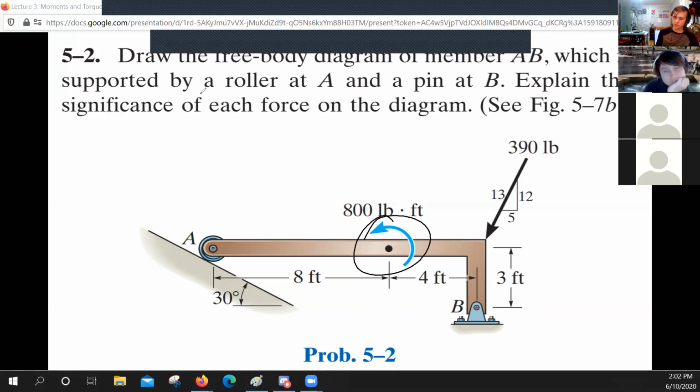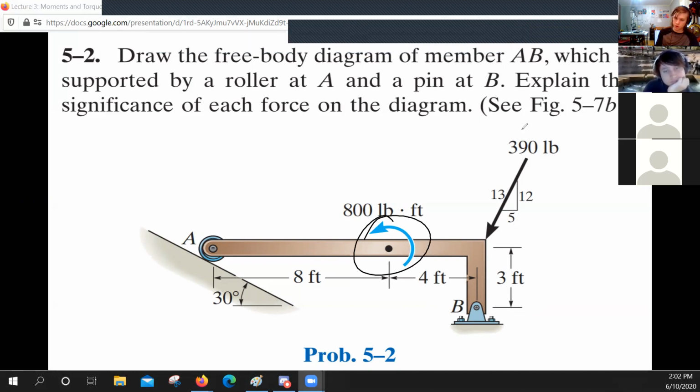Let's go through the problem and see first what it's asking us to do. First, it wants us to draw a free body diagram of the member, which is AB, this whole thing. It's supported by a roller at A and a pin at B. And it says to explain the significance of each force on the diagram, which we're not really going to be doing, but we are going to be finding the forces that aren't found yet.